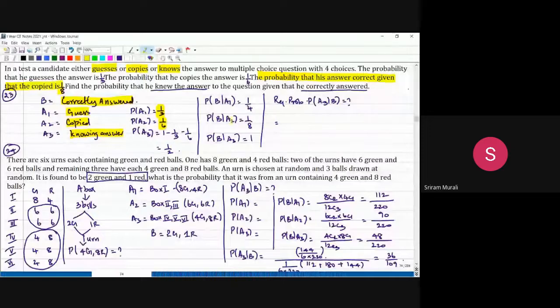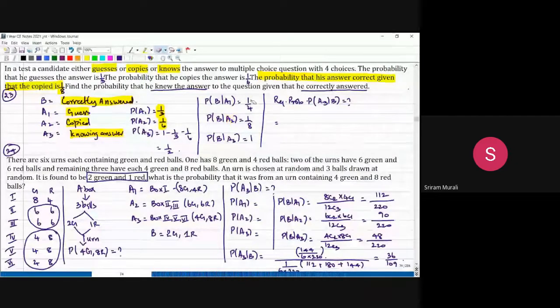Given copied, A2 is given. The chance of getting a correct answer will be equal to 1/8, which is given.